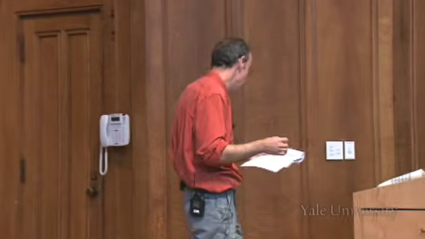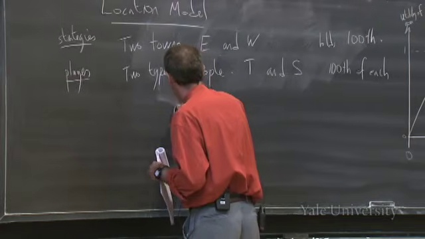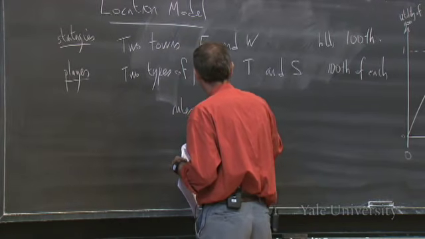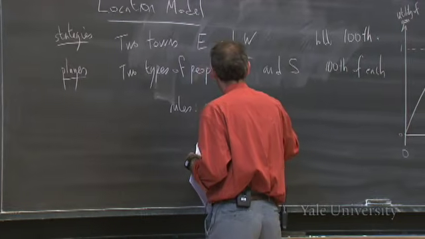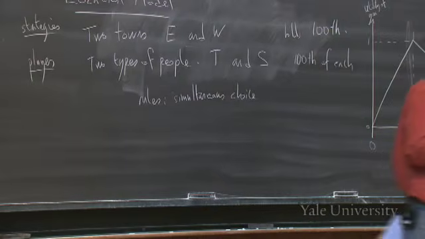So to play this game, I need to put down a few more rules. The first rule is that the choice is simultaneous. That's a little unrealistic, because in practice, of course, people choose their towns sequentially whenever they happen to be moving. But for the moment, let's leave it at that.